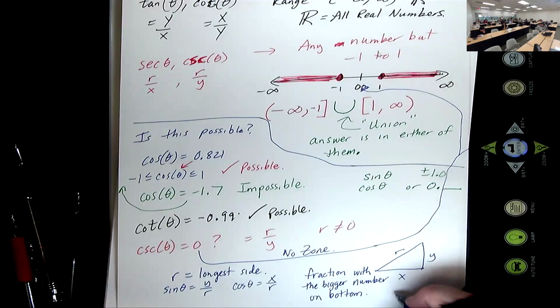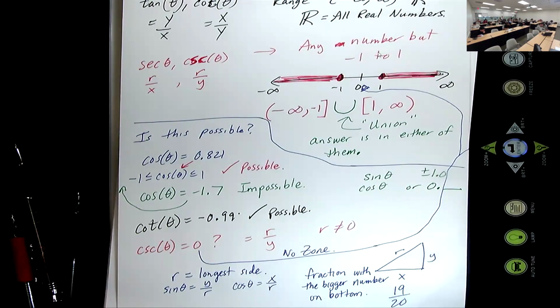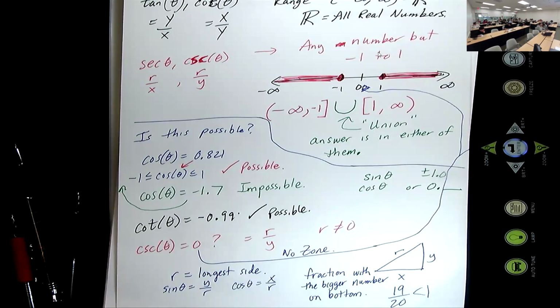Like, this is a weird example, but like 19 over 20. That's less than 1. There's no way to get a number bigger than 1. And the only time it would actually equal 1 is when the top and the bottom are the same, and you're on one of the axes, you don't have a triangle.